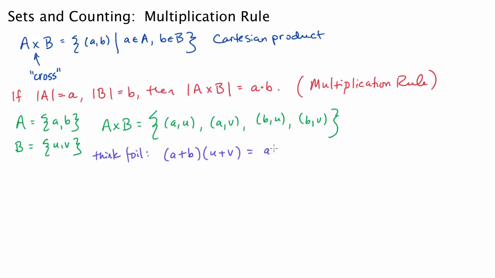So remember, the FOIL in this case would have matched the first terms, A and U, the outside terms, A and V, the inside terms, B and U, and the last terms, B and V. Notice that these two things match up completely. So this is really the same sort of idea as what FOIL was.